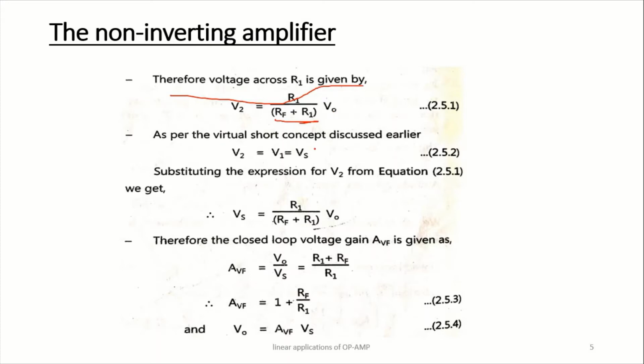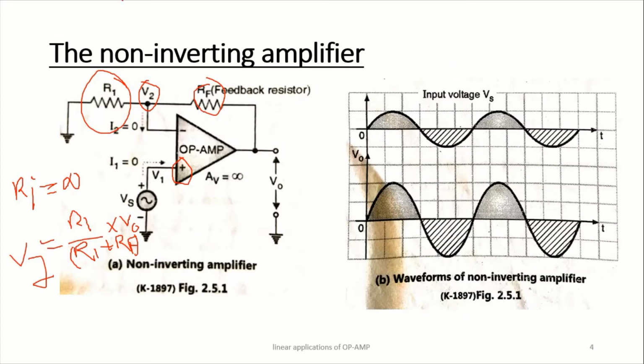As per the virtual short circuit concept discussed earlier, due to the virtual short circuit, V1 is also at the same potential as V2, and V1 is equal to Vs.